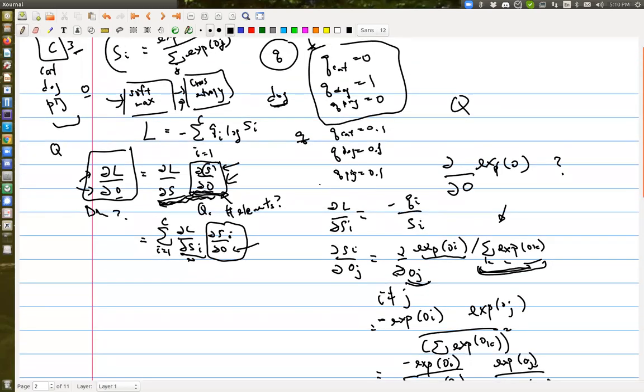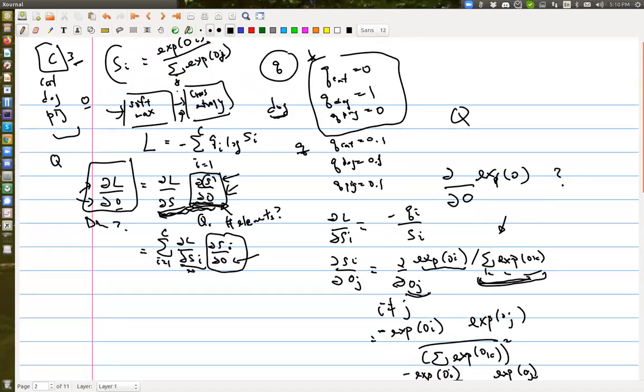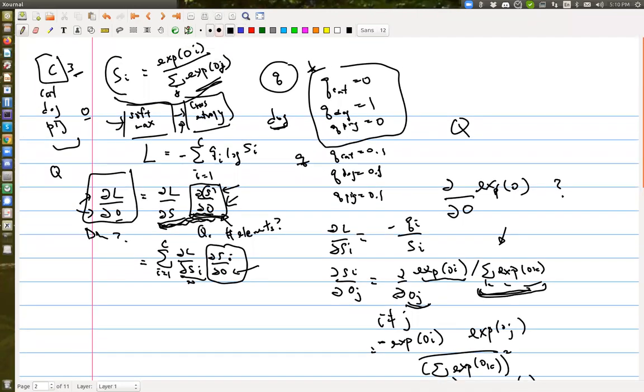But this is actually just the output of the softmax.